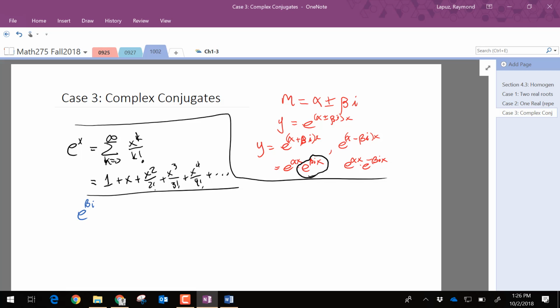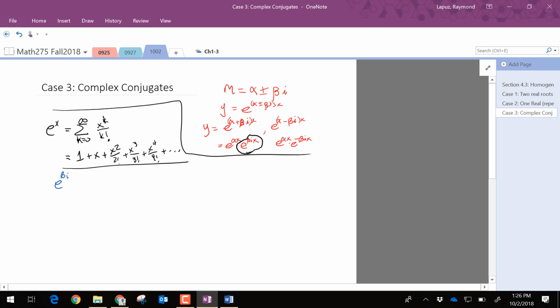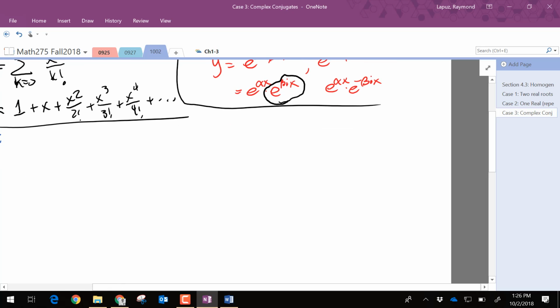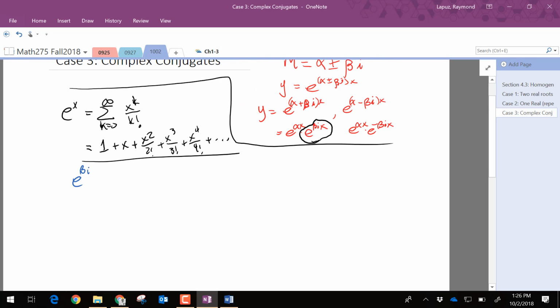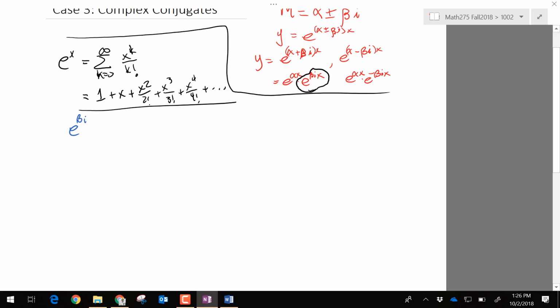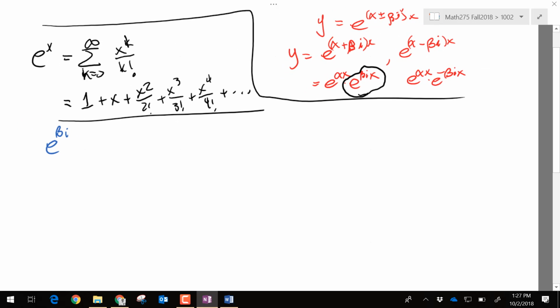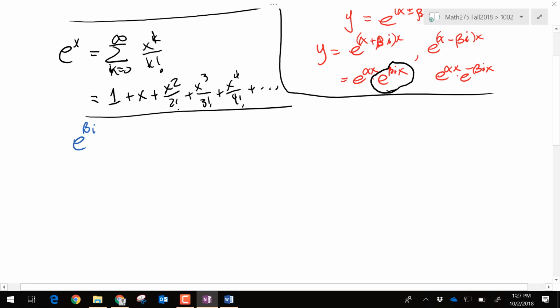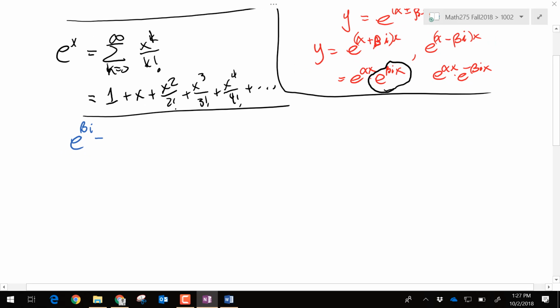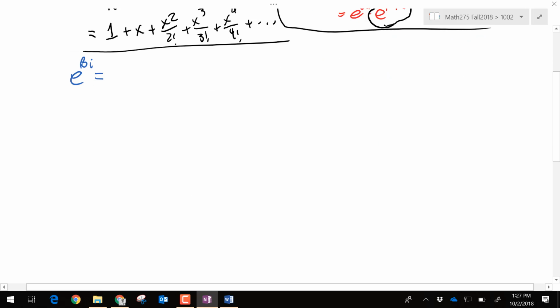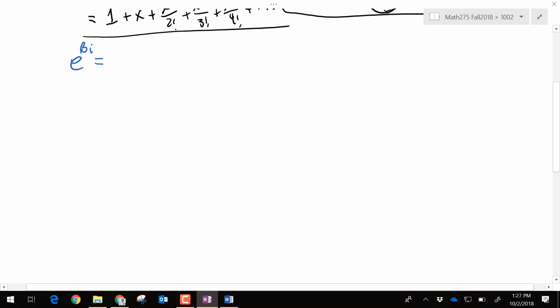Is it okay to leave the x out? Yeah, let's put the x in. Sorry, for some reason I don't have very much control in this thing right now. Oh, I said I was going to put the x in. Let's squeeze the x in somewhere, maybe next to the beta.